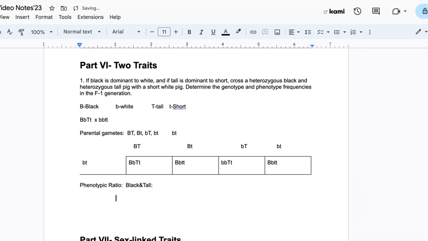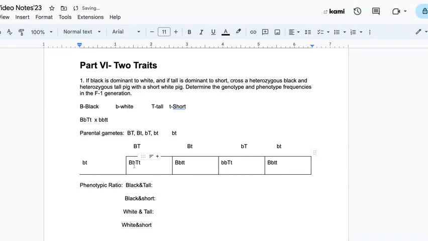I'm also looking for black and short. So it's dominant trait and recessive trait. I'm looking for recessive and dominant. So that's white and tall. And then lastly, I'm looking for our white and short, which is recessive.